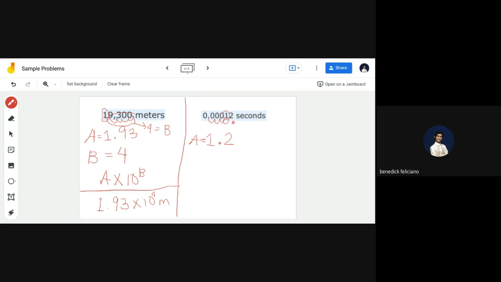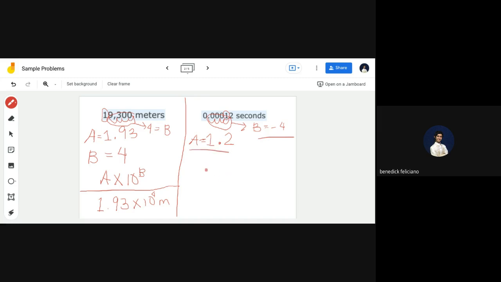So it traveled again 4 units. So is B positive or negative? Based on the method, if the decimal place traveled from left to right, it should be negative. So our B is actually negative.